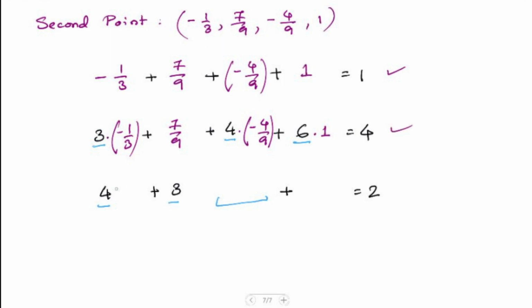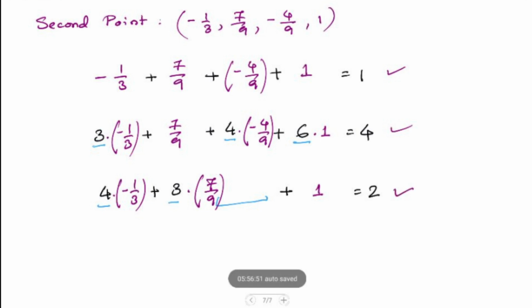And here we have 4 times minus 1 over 3, 3 times 7 over 9, and here we have 1 as x4, and that will be equal to 2.